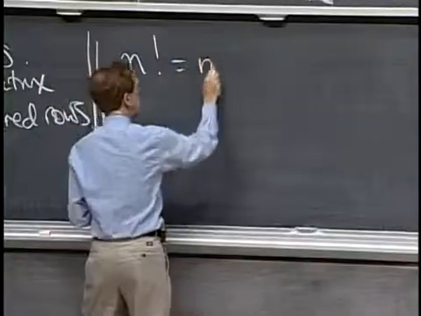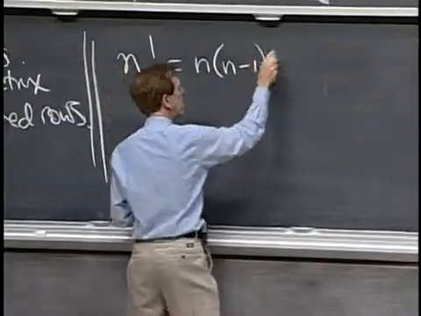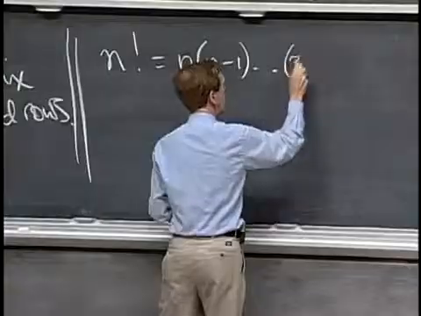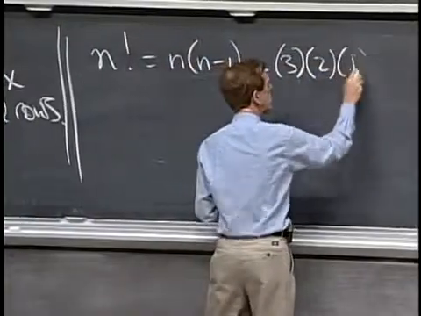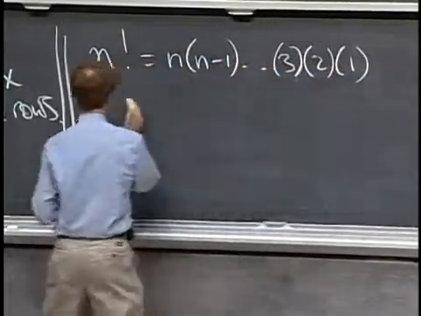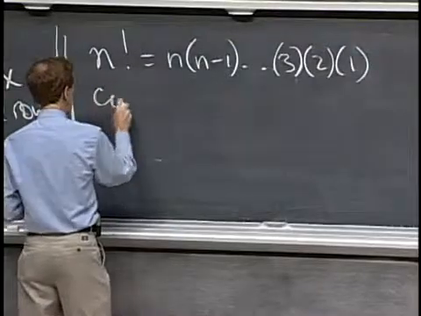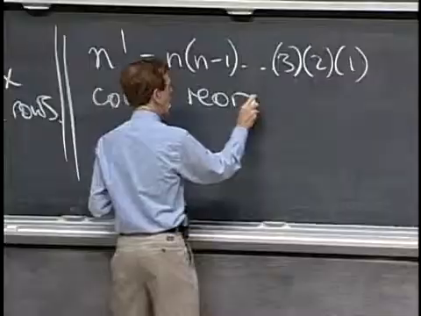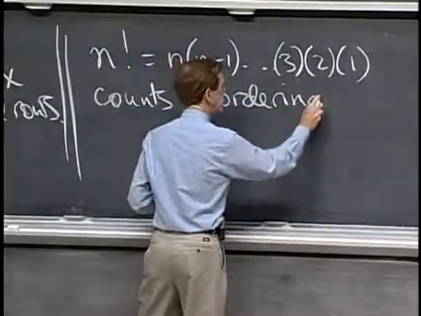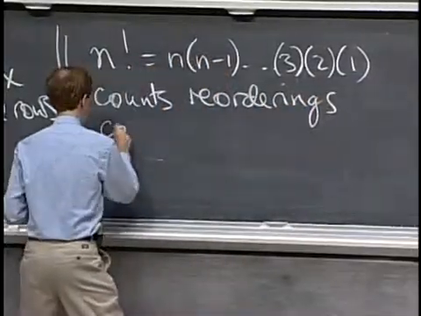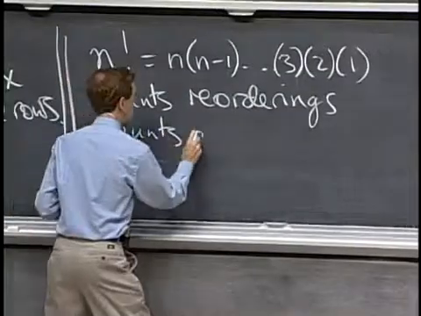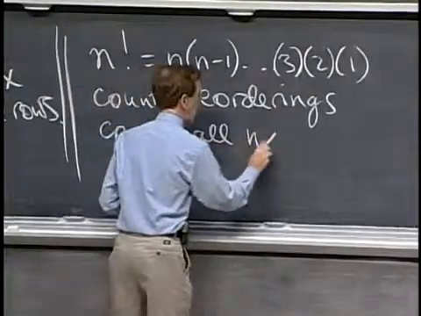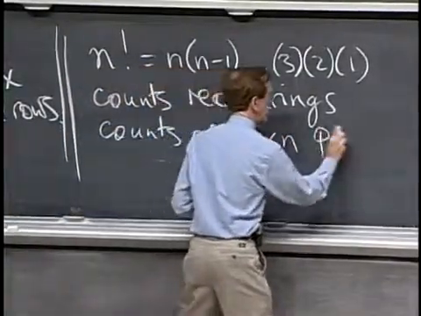This is n times n minus 1 times n minus 2 down to 3 times 2 times 1. This counts the possible reorderings, all the n by n permutations.